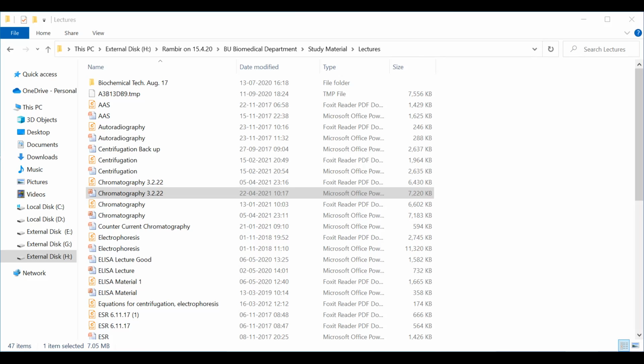So the molecules have only two options. The components of the sample either go to the stationary phase or to the mobile phase. Now, if the stationary phase is polar, then polar compounds will go to the stationary phase, and non-polar components will be forced to stay in the mobile phase.